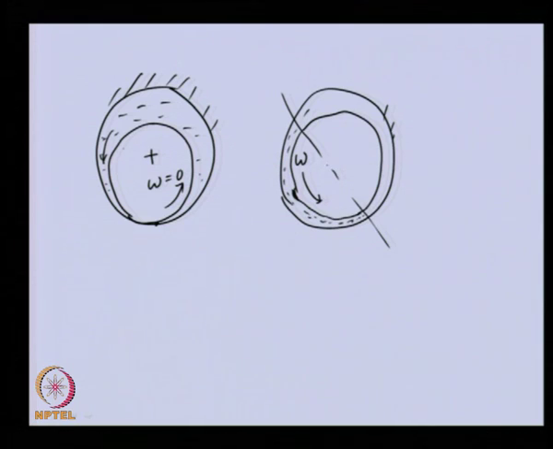In this case, let us say this is the bearing center and this is the journal center. The journal center and bearing center are offset by some amount. Let us say Bj is the radial eccentricity, and if we draw a vertical from the bearing center, this angle is called the attitude angle, which defines the position of the journal.